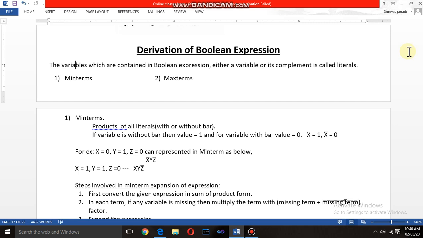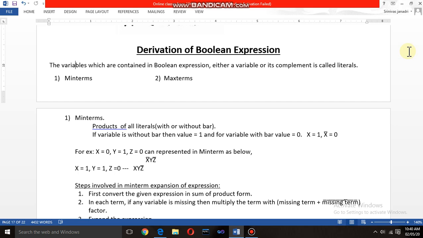You should remember all those things. I taught these in the starting videos. Today I am going to explain how to derive the Boolean expression.